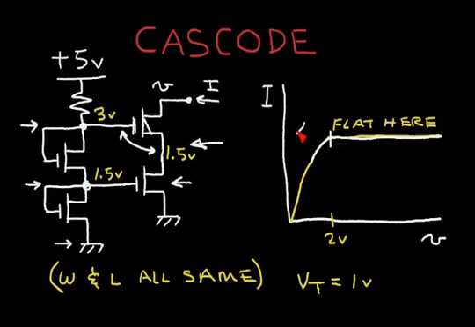So I want to avoid operating in this region here and operate over here. So again, the advantage of the cascode is you get a very uniform current, but you sacrifice some voltage margin.